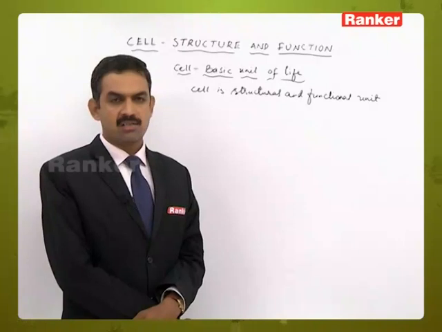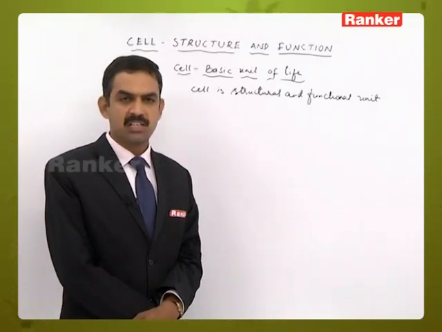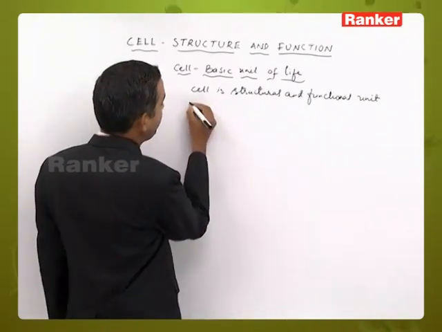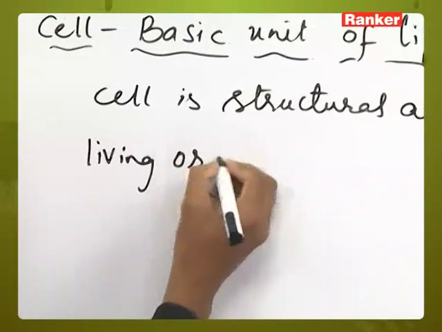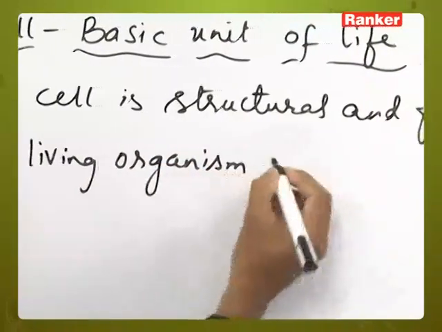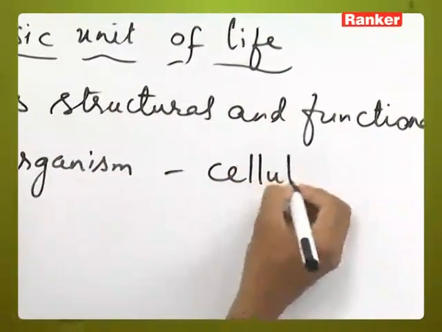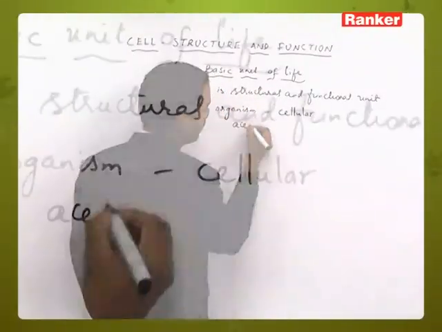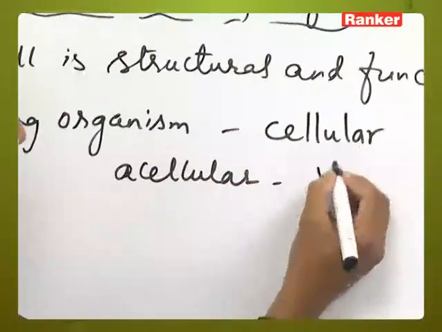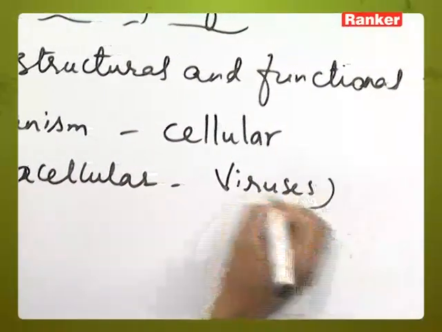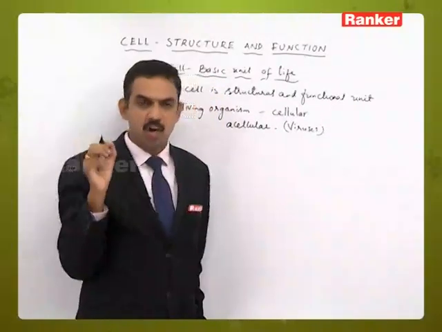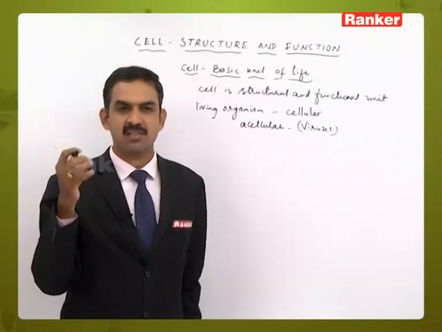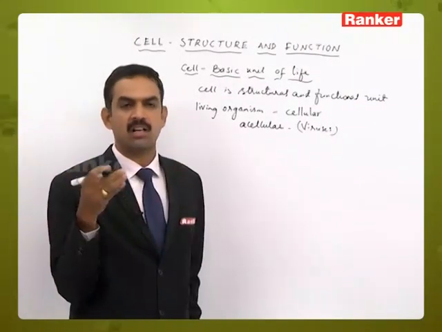And how does it exhibit all these specific characters? We know that each and every living organism is cellular, but there are some living organisms which are acellular also, like viruses. If an organism is having life, it can't exist with life without a cellular structure.